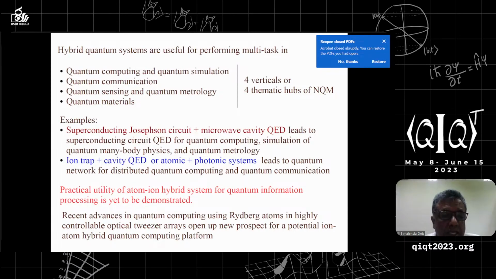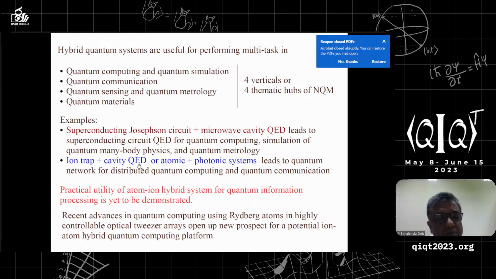One can trap a pair of atoms in a Paul trap, inside a cavity, and the cavity photons can be used to send information several kilometers away, and use quantum repeaters to do distributed quantum information processing or quantum networking.